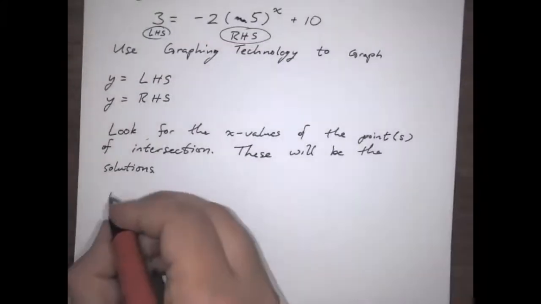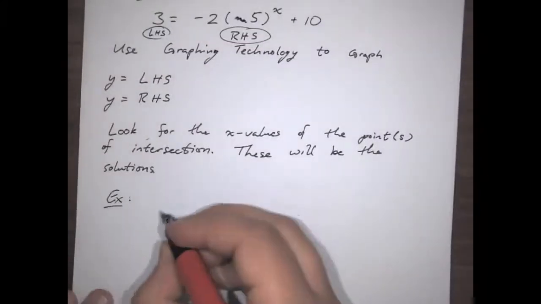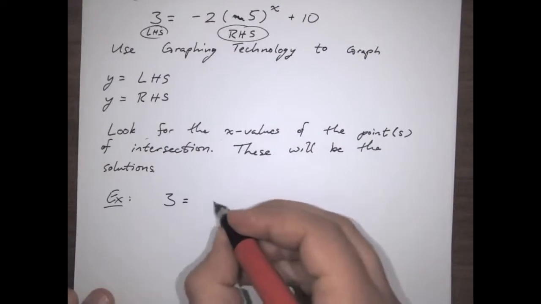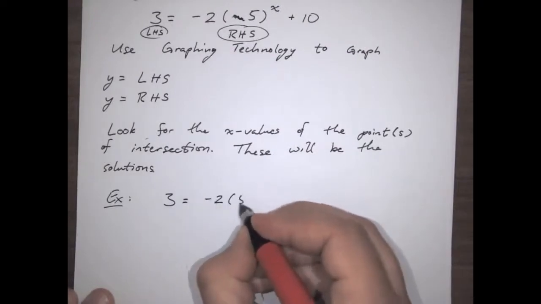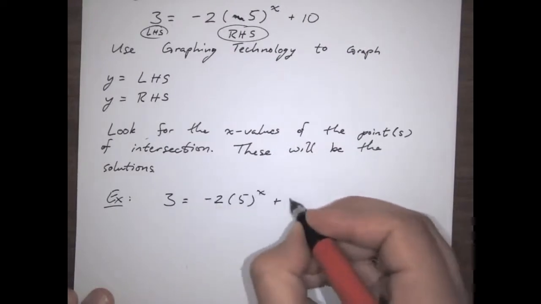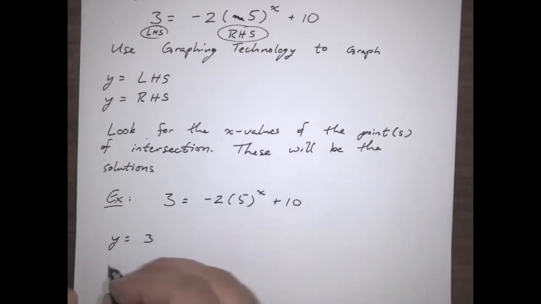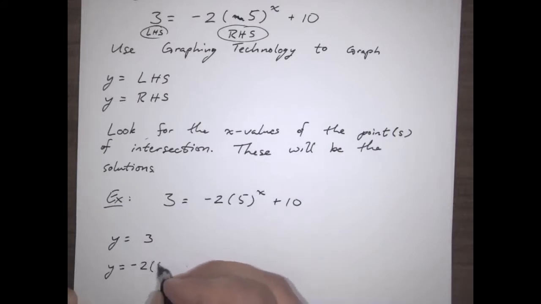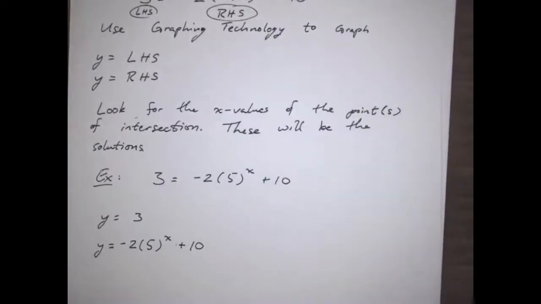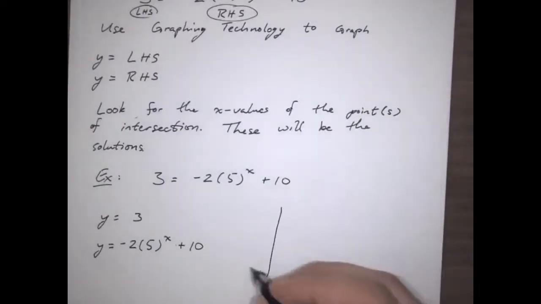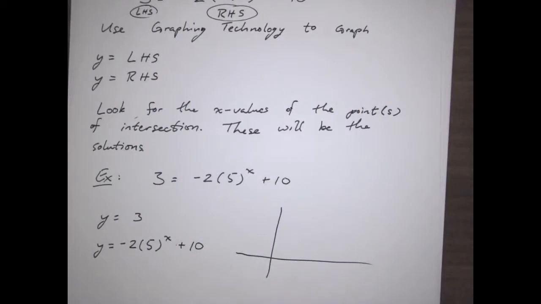So in our example, if we wanted to solve 3 equals negative 2 times 5 to the x plus 10, I would need to graph y equals 3 and y equals negative 2 times 5 to the x plus 10. And then I would be looking for the intersections that they would be producing.